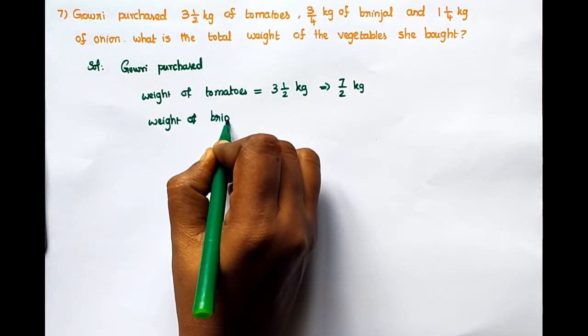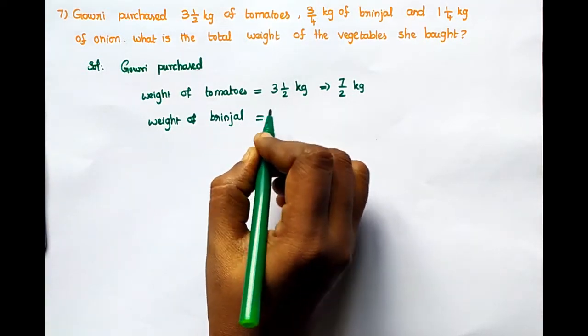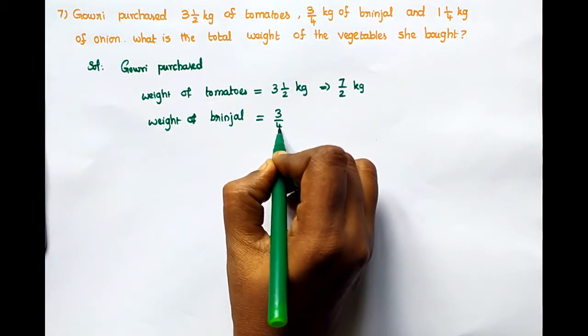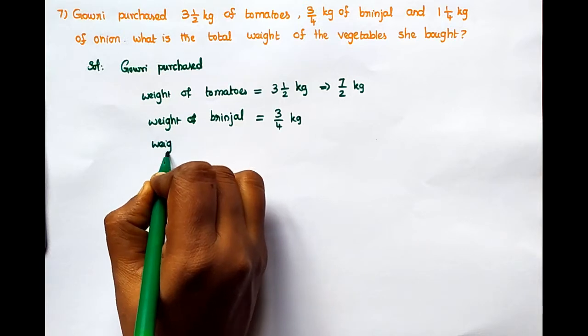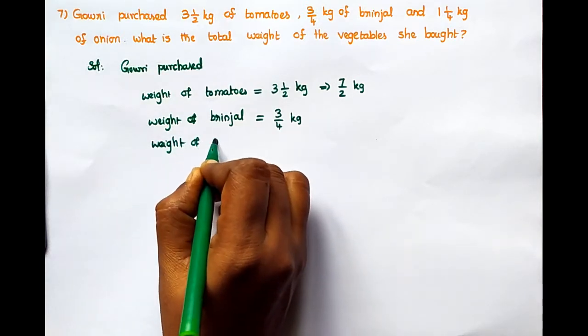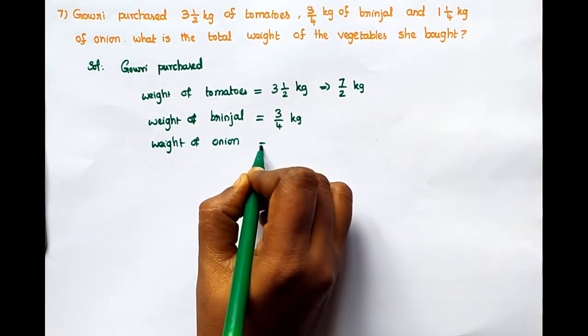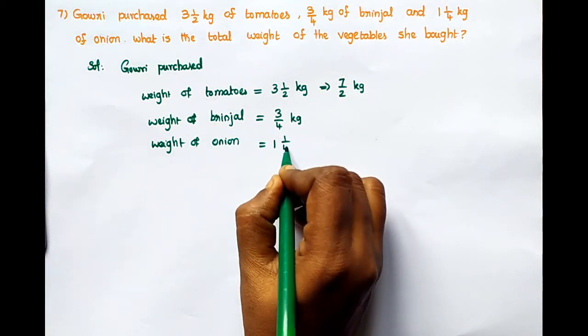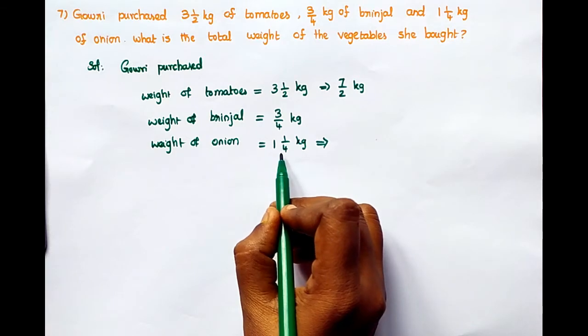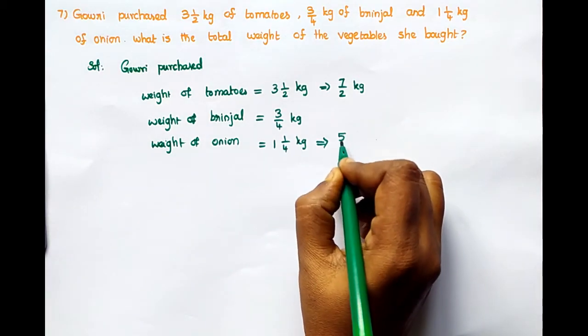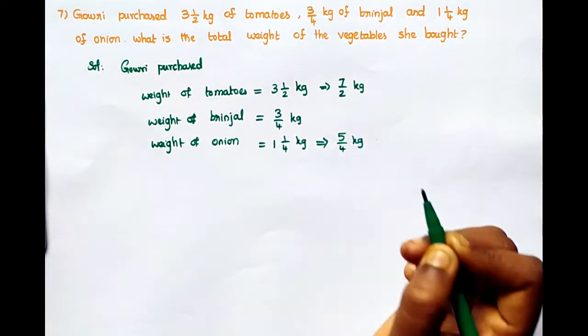and then weight of brinjal, that is 3 by 4 kg, and weight of onion, 1 by 4 kg. 1 4 is 4 plus 1, 5 by 4 kg.